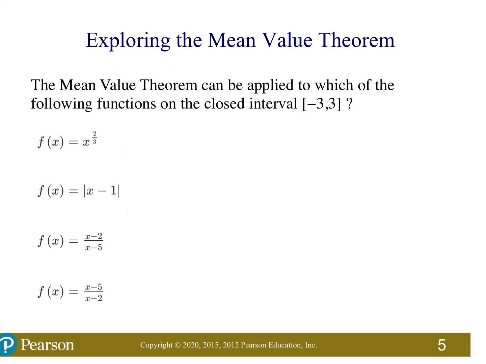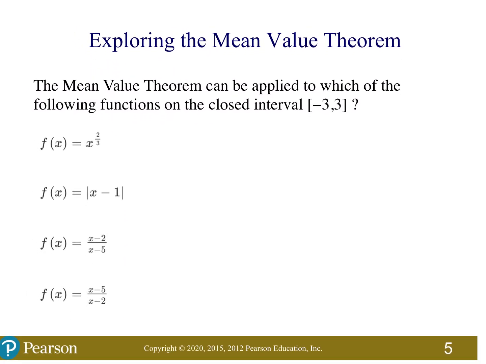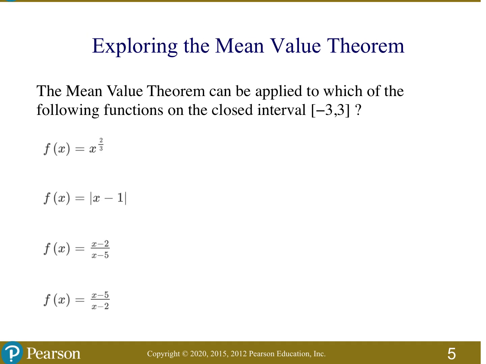If those are the requirements for the mean value theorem, let's see whether or not it would apply in each of these situations. We've got the function x to the 2/3. This function has a cusp at the origin, so the function comes down like this. So the mean value theorem does not apply because the function is not differentiable on the interval that we're talking about.